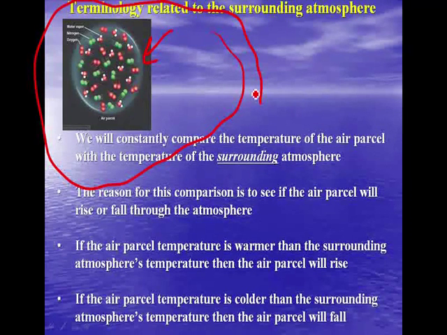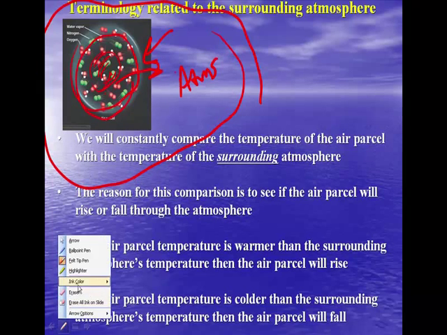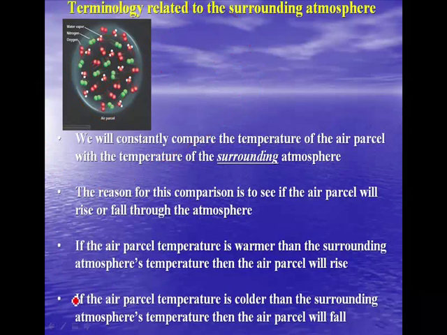Recall that this is an adiabatic process, so there's no exchange of energy between the atmosphere and the air parcel itself, which is shown here. So we'll continually compare the temperature of the air parcel to the temperature of the surrounding atmosphere, and you'll see why in just a few moments.